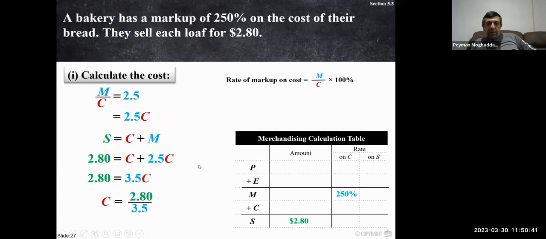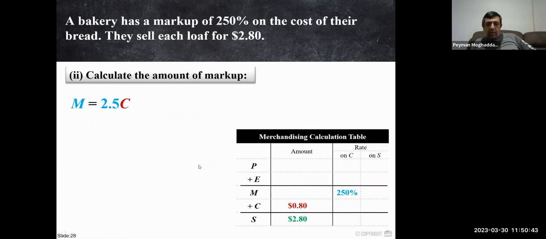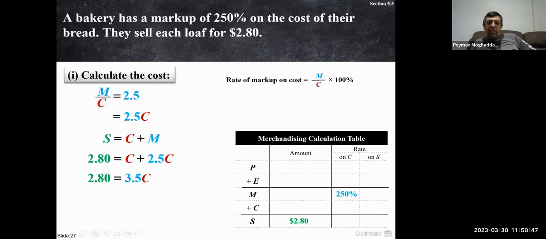Any question on this example? This example was a little bit more complicated. You have to make the equation for selling price equal to cost plus markup. The markup is 250% of the cost, which is 2.5 times cost.